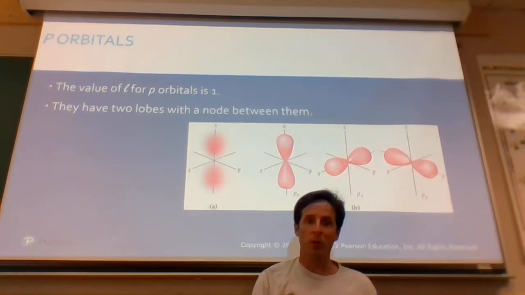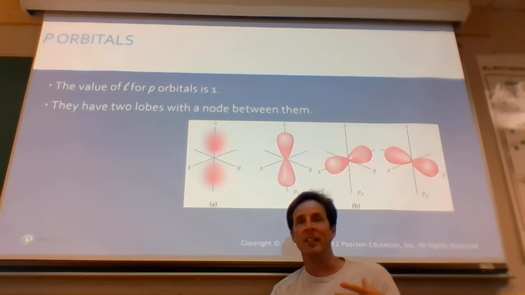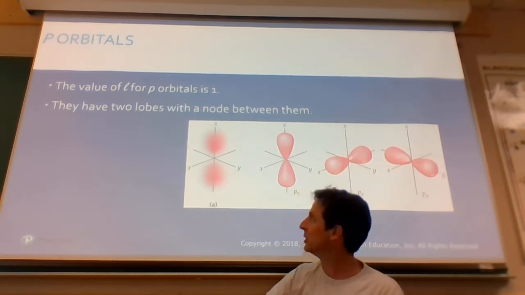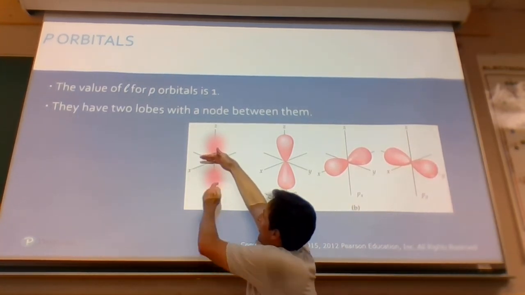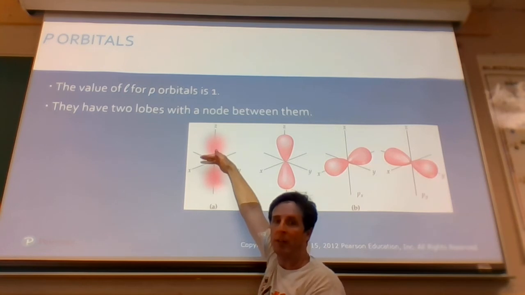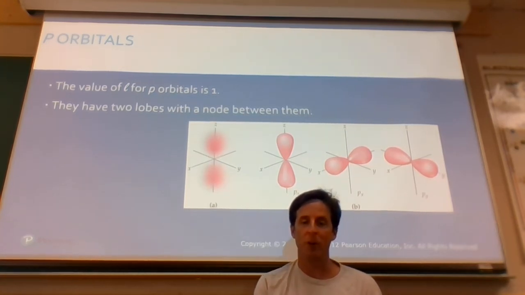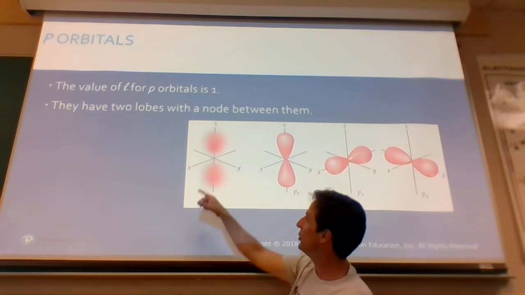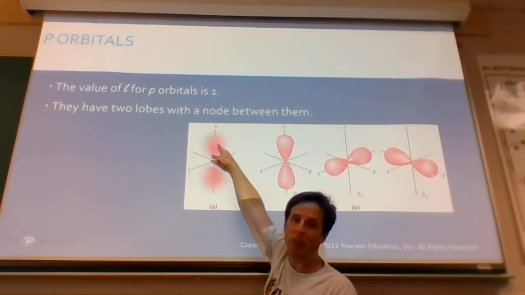That's called a node, N-O-D-E, and it's a place where there's a 0 probability of finding an electron. So essentially, the electron cannot pass in between those 2 points. There's an area of 0 probability in between. But the funny thing is, electrons do jump from here. They can jump up here anytime they want to.